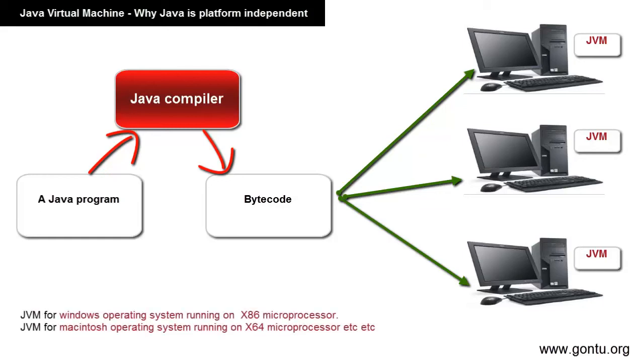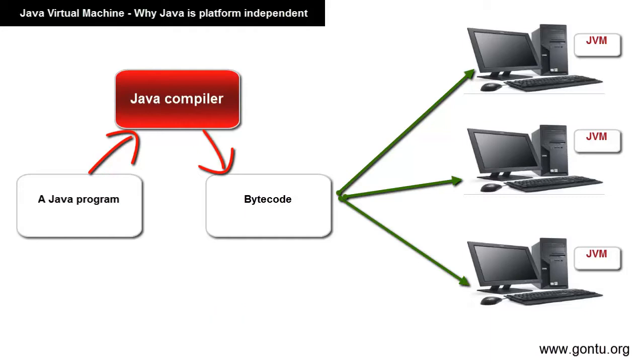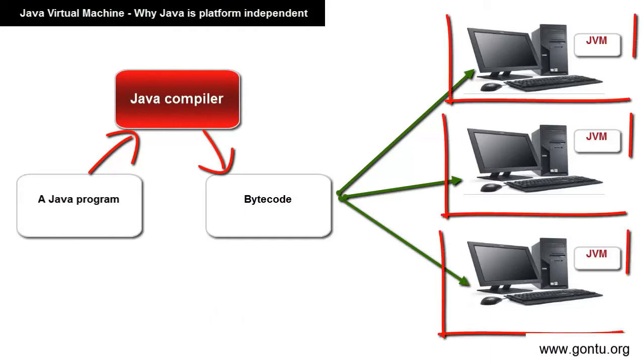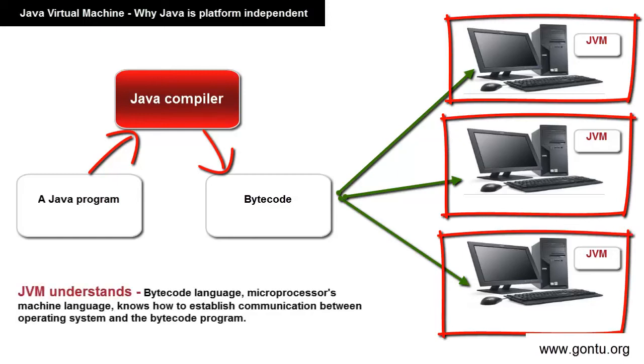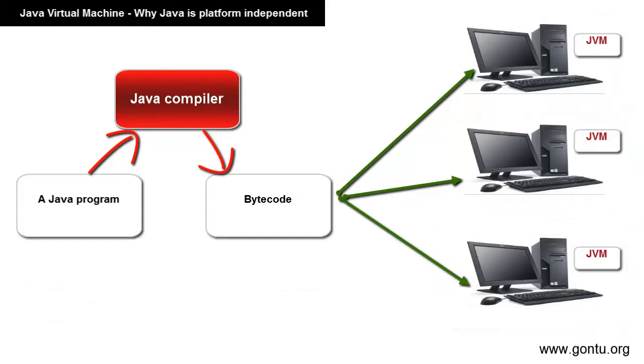For example, JVM for Windows operating system running on x86 microprocessor, or JVM for Mac operating system running on x64 microprocessor. This JVM on a particular computer understands the bytecode language and its microprocessor's machine language, and also contains all programs which are needed for it to establish communication between operating system program and bytecode.